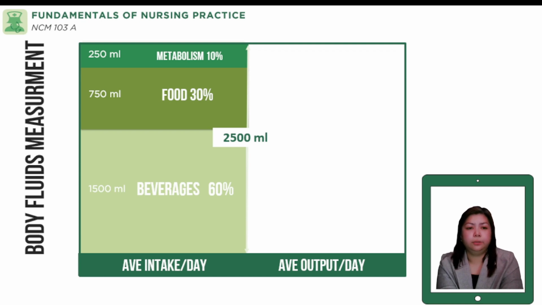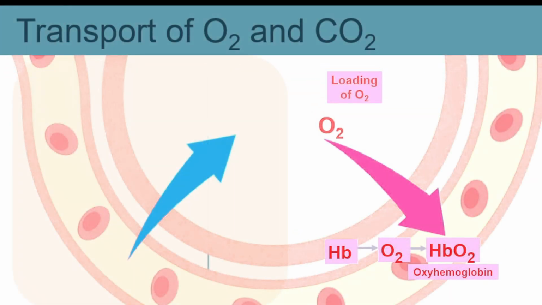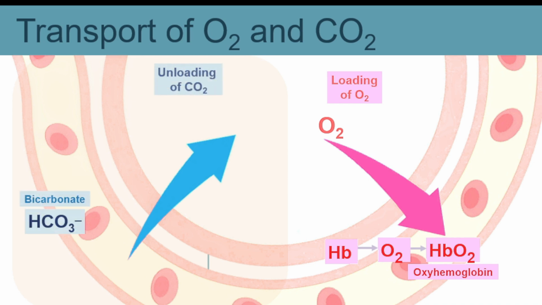So to review, we have here carbon dioxide. For carbon dioxide to diffuse out of the blood into the alveoli, it must come from its bicarbonate form. Bicarbonate ions enter the RBCs and combine with hydrogen ions to form carbonic acid.